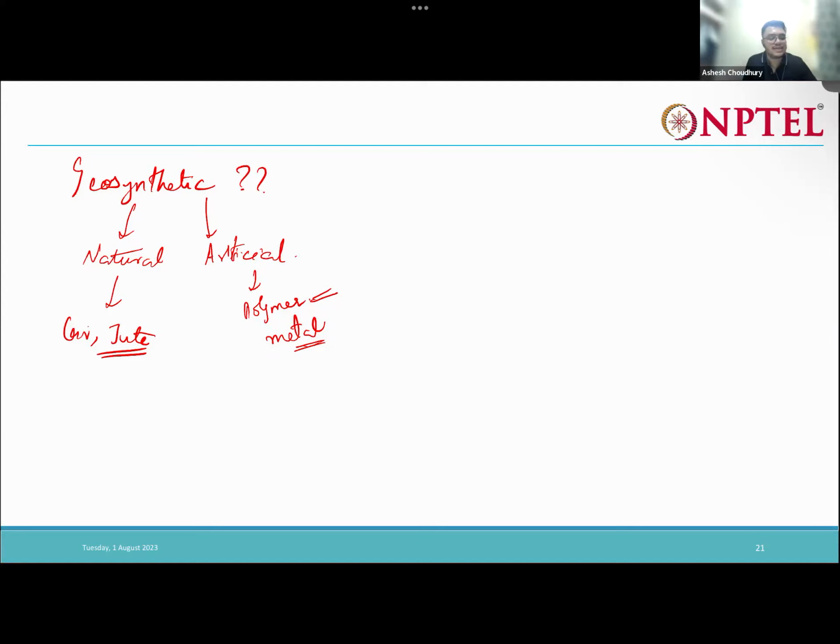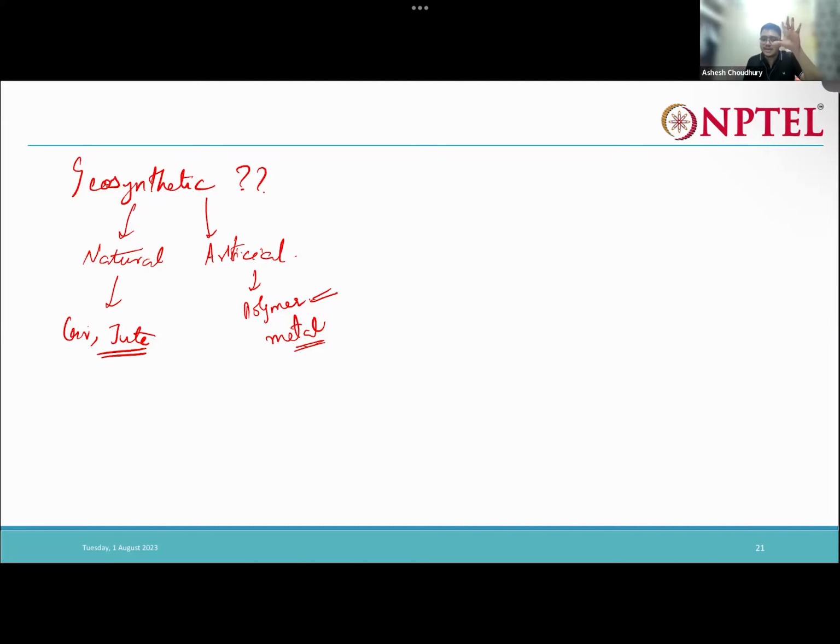Now, one more thing is there is a misnomer about geosynthetic and geotextile. Previously, there was a confusion between the term geosynthetic and geotextile. Geotextile was used invariably for all kinds of geosynthetic material. But now this has been made completely clear by the International Geosynthetic Society.